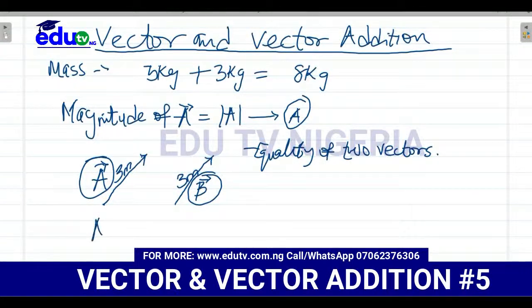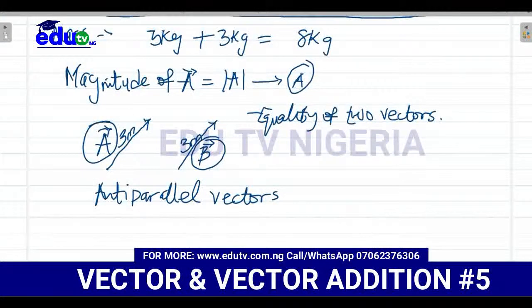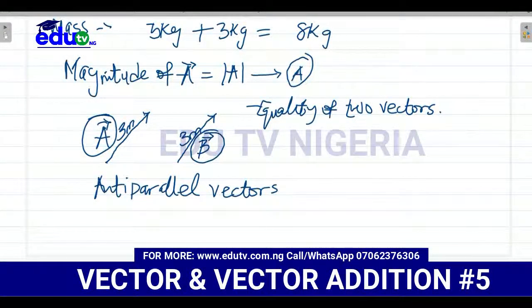We also talked about antiparallel vectors. It can be a case like when you have a vector here with a magnitude of 5 meters, and we have vector B facing downward, which is also 5 meters.